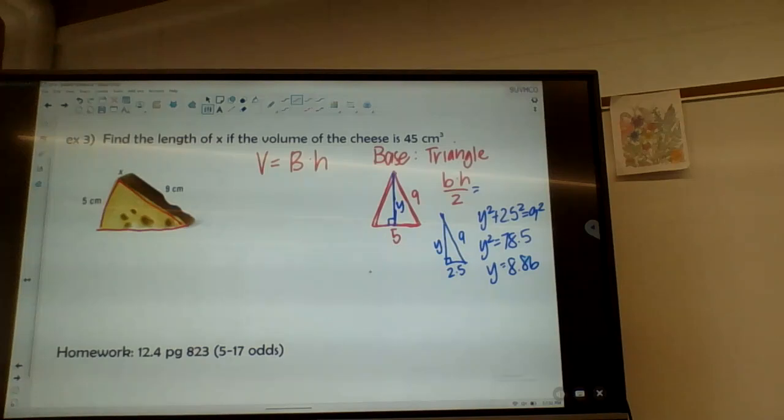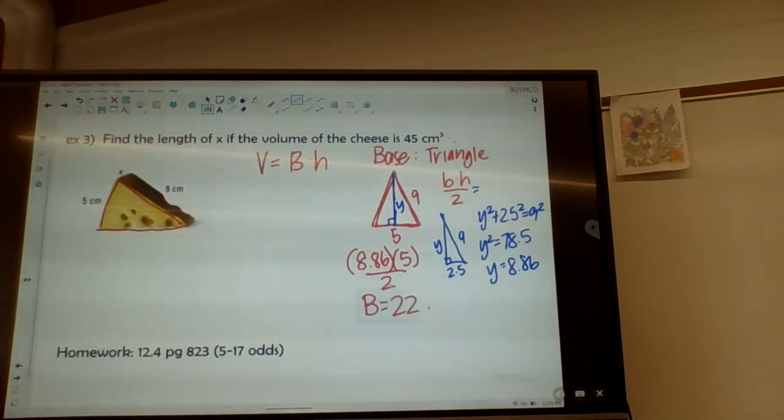So if I do base times height divided by 2, I'm going to take this 8.86, multiply it by the base, which is 5, and divide it in half. So my base area is 22.15. Now, they told me the volume is 45.